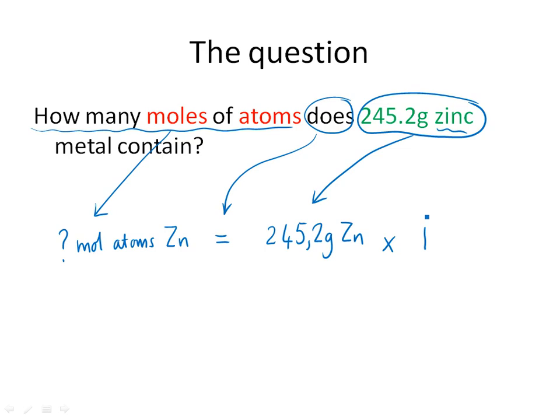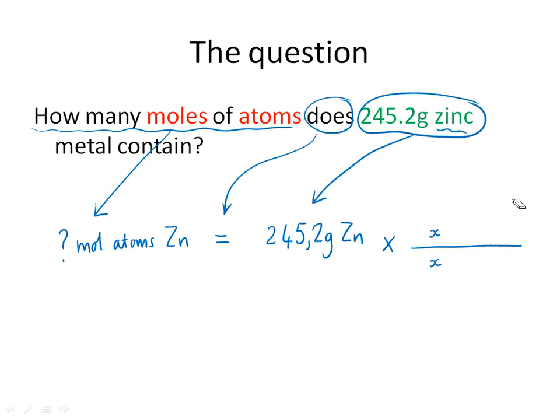But if we realize that we can replace the 1 in this equation by two equivalent values divided by one another, then we can start to make progress. So if we can multiply 245,2 grams zinc by something which has a numerator and denominator which are equivalent to one another, then in effect we will be multiplying by 1 which is legal.